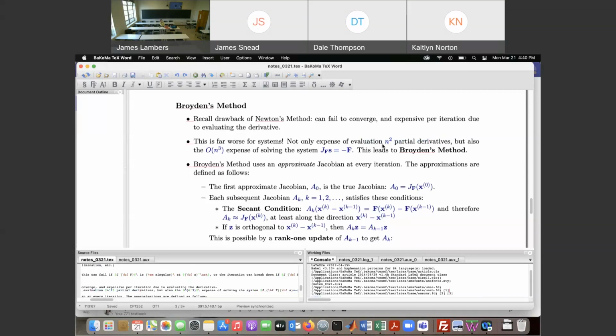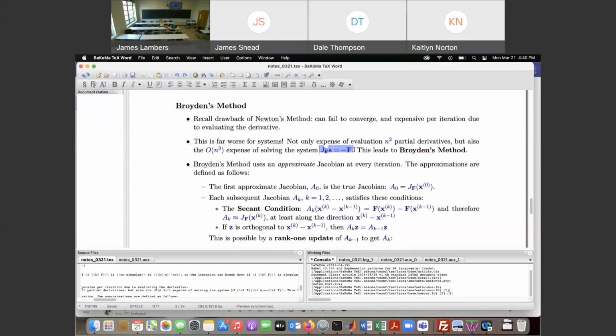Like you don't need the actual partial derivative functions of f. But you still have to solve this system. So simply changing Newton's method to the secant method, like we do in the single variable case, helps a great deal there. But here it doesn't really help you that much.